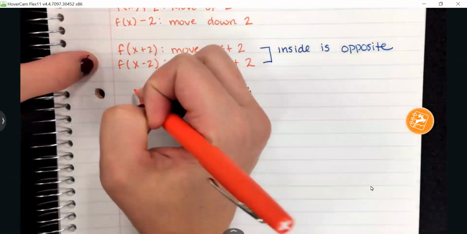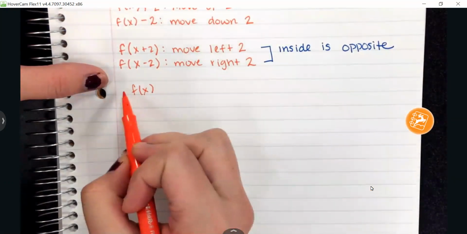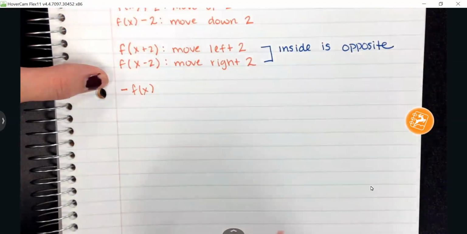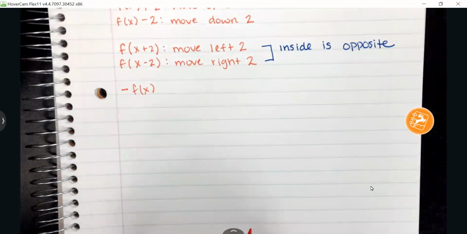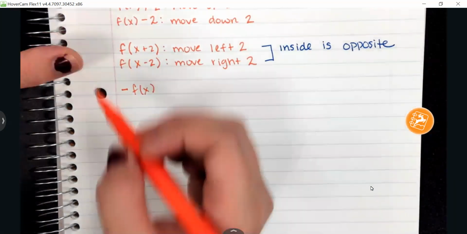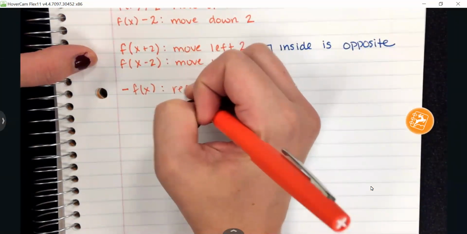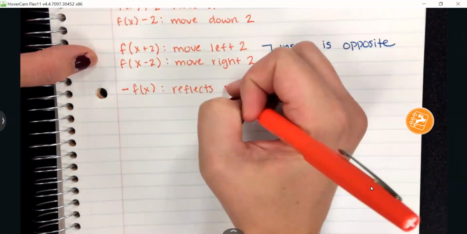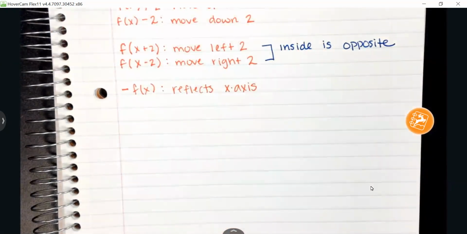So what happens now if I take my function and I make it a negative? All a negative means is that it flips or it reflects. Because this negative is on the outside, it reflects the x-axis. And I'll show you all of these in a minute, okay?